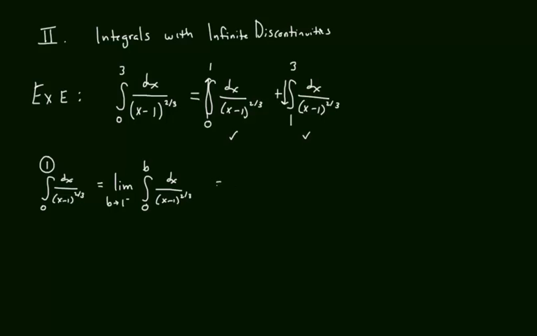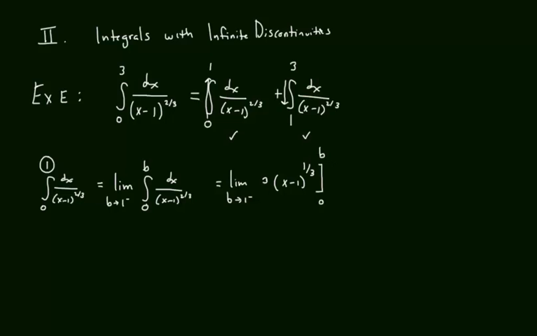Okie dokie. So now this is the limit as b goes to 1 from the left, and the antiderivative is 3 times (x minus 1) to the 1/3. I'll let you contemplate that or work it out later, or now if you press pause, but for now you're going to have to accept it.